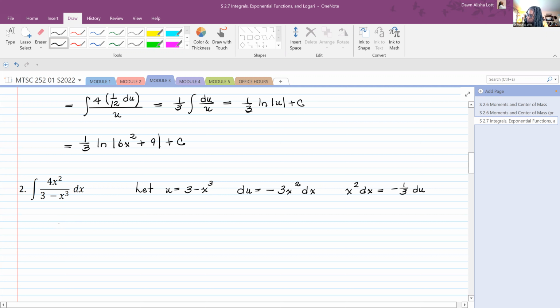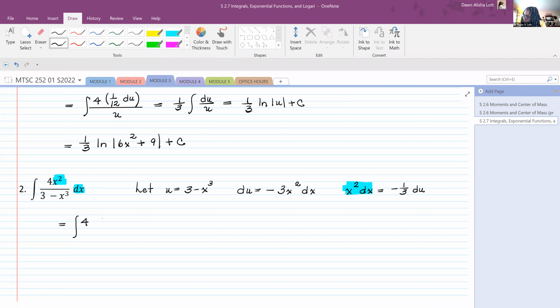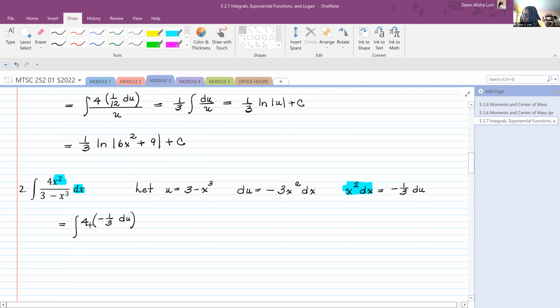Okay, so here's my integral. I have a 4 there. x squared dx, you see it? Here it is, x squared dx. It's -1/3 du. What's in the denominator?